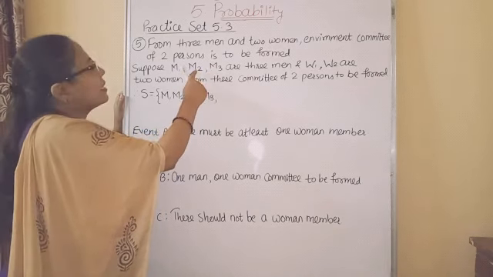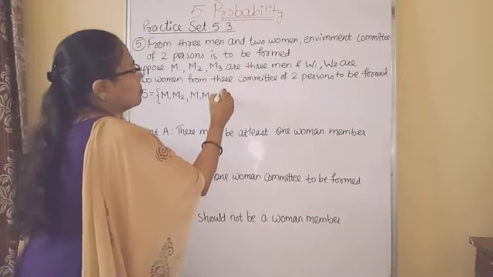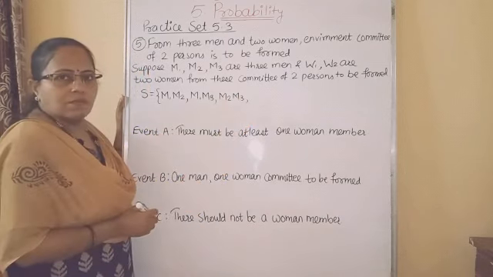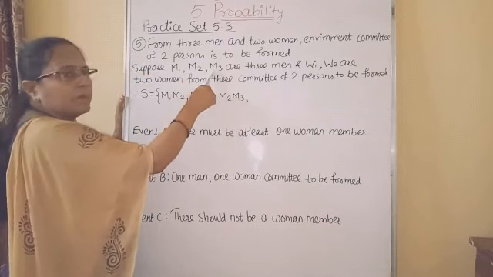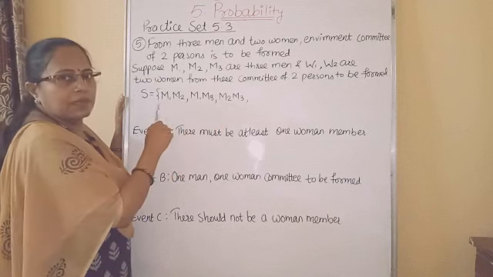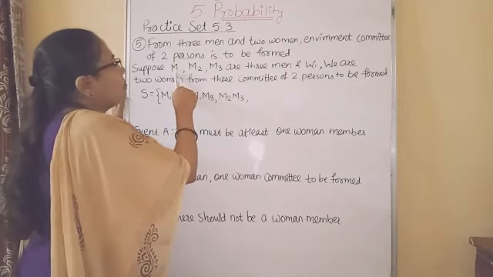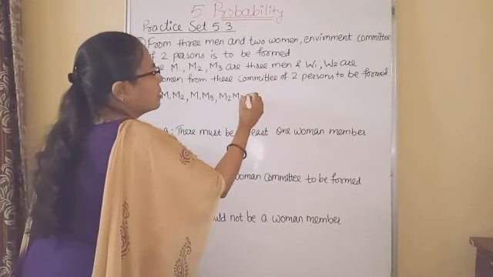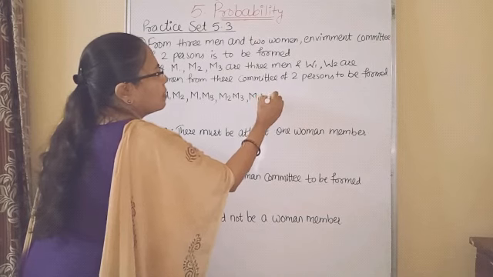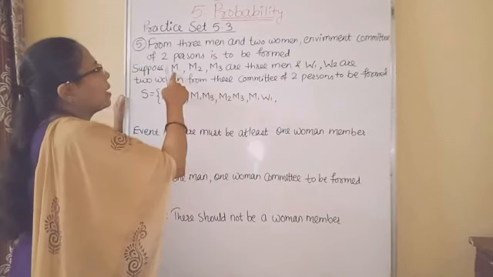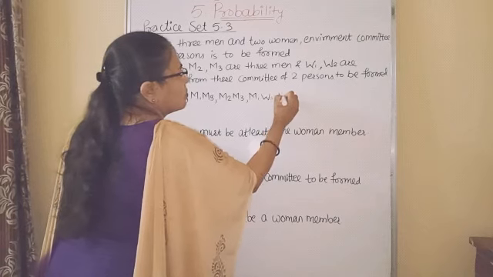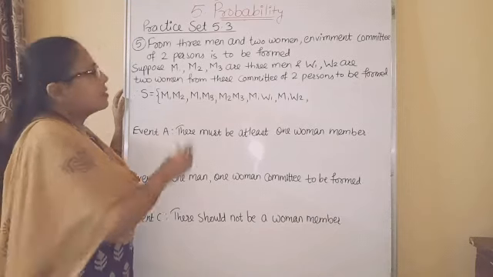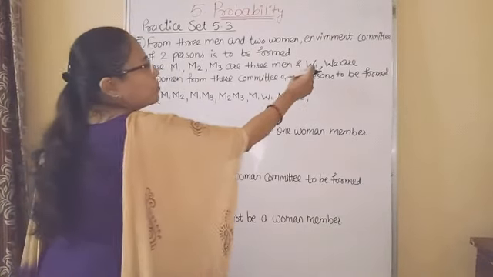The next possibility is M2, M3. Followed? From the names you can find out this committee. Now, we will take 1 man and 1 woman. That is M1, W1. M1, W2. Okay, first man and then these 2 women.